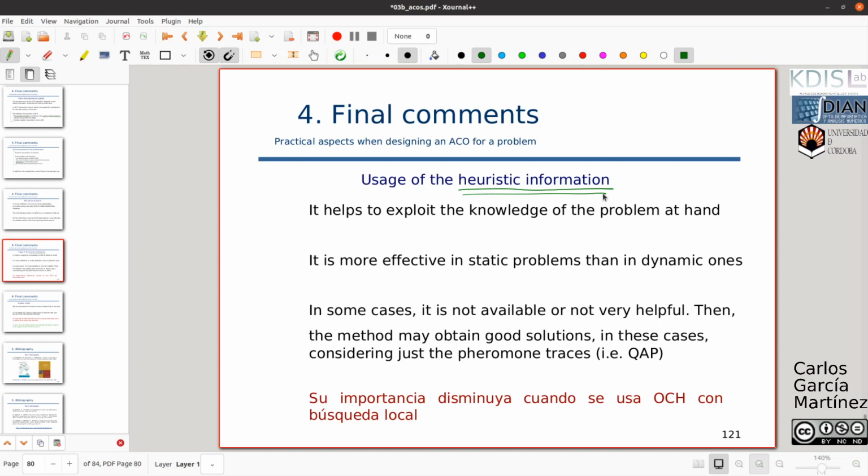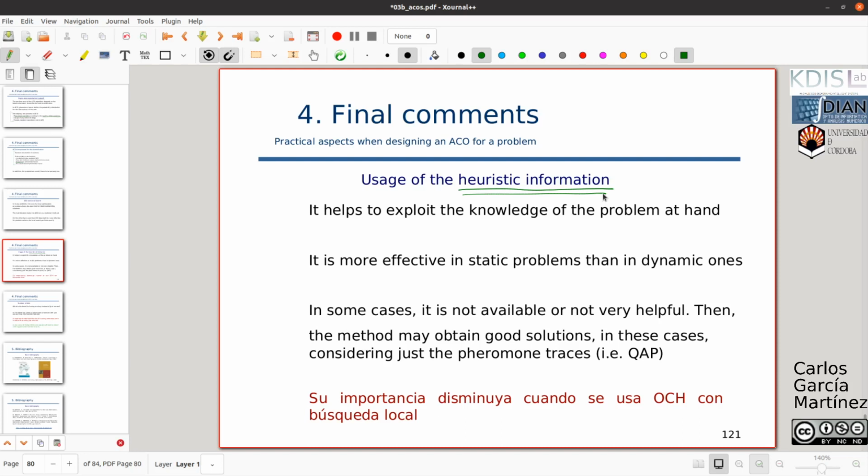This is obviously for intensification, but usually this heuristic information helps the algorithm converge faster to good solutions, and you can balance this convergence with other components.